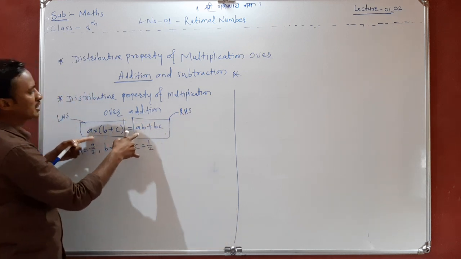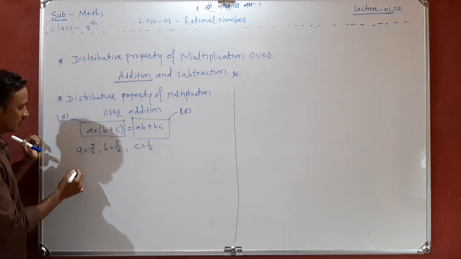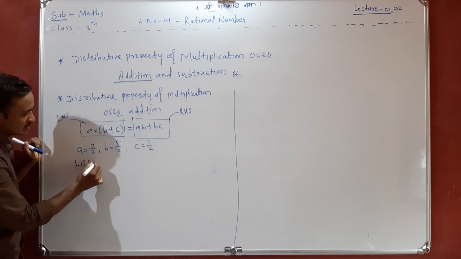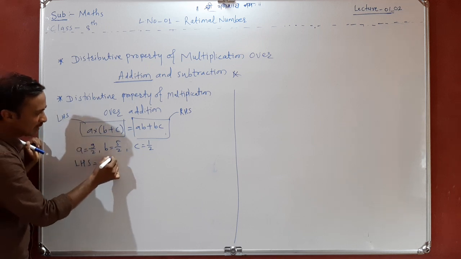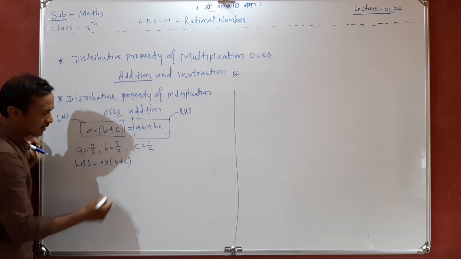Now to prove whether these two are right or wrong, let us see: LHS is equal to a multiplied by in bracket b plus c.